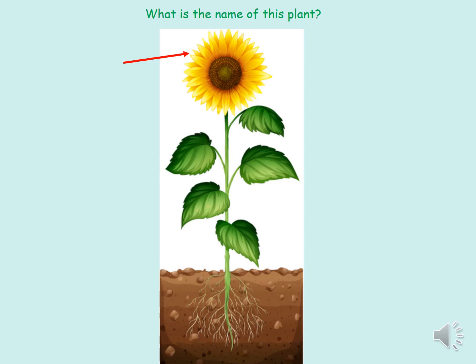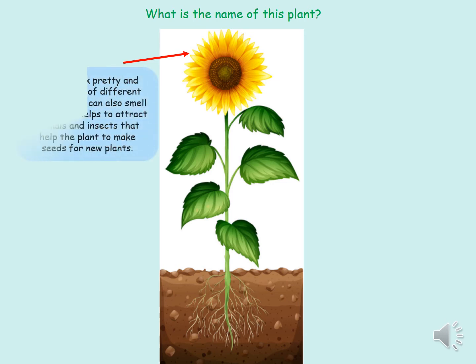What is the name of the part that the red arrow is pointing to? The name of the part of the plant that the red arrow is pointing to is called the flower. Okay? And flowers look really pretty and they come in lots of different colours. They also smell lovely.